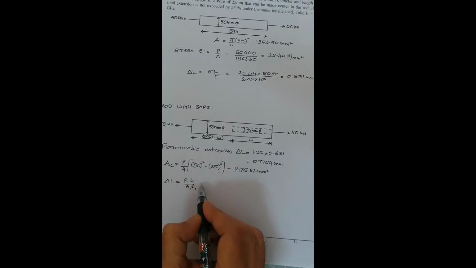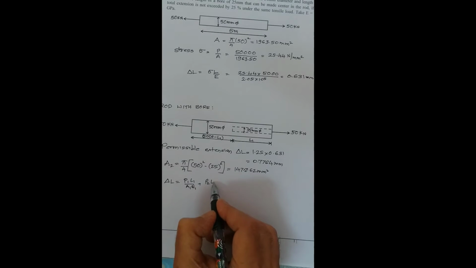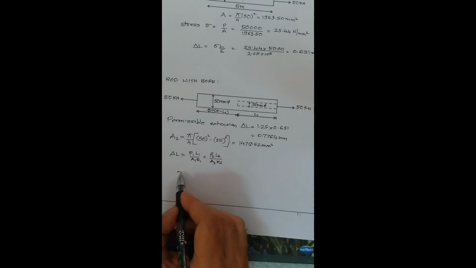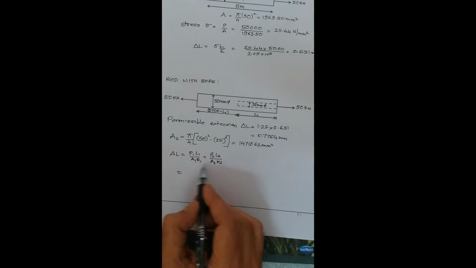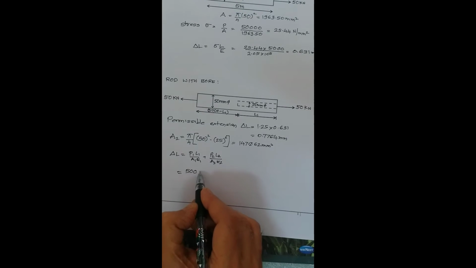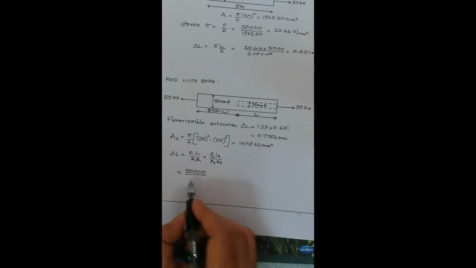Now total extension delta L is equal to P1 L1 by A1 E1 plus P2 L2 by A2 E2. P and E are the same for both the terms, so I'll take them outside.